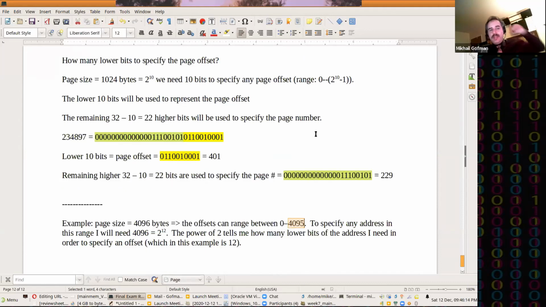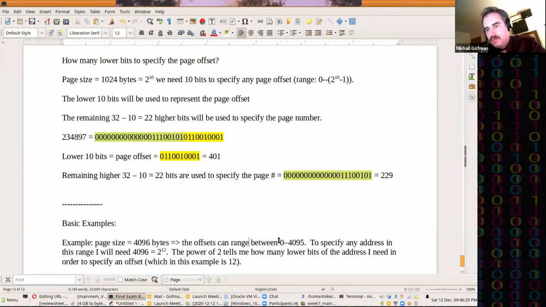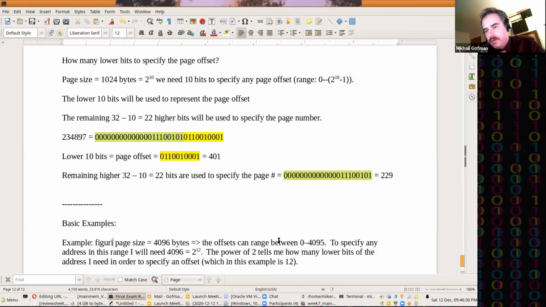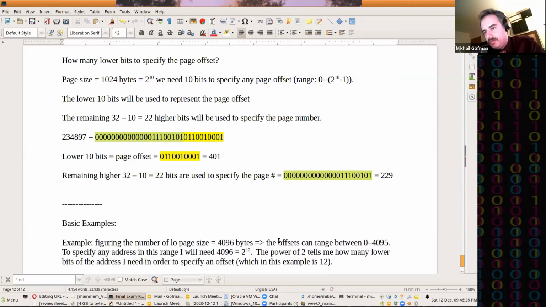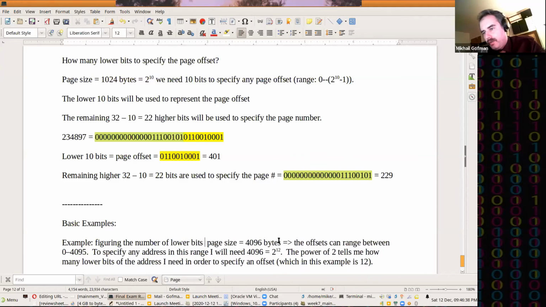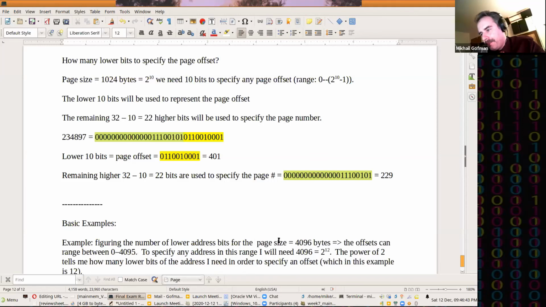And if I know the address length, then here, I'll do some basic examples. This first example is figuring out the number of lower address bits for the offset.